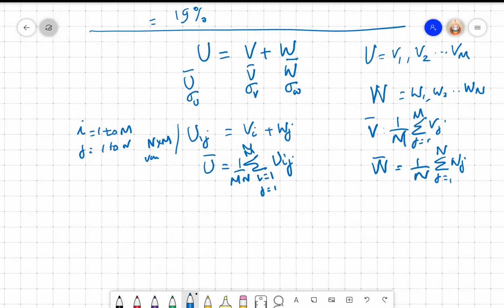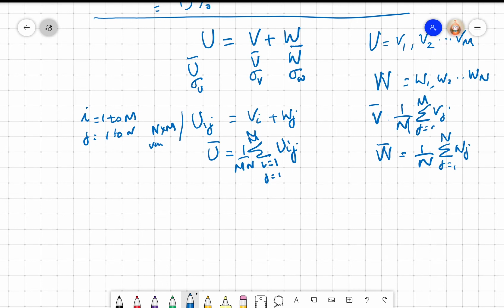So I can now expand this. U bar is 1 by Mn into sigma i equal to 1 to M, j equal to 1 to N, Uij, which is nothing but Vi plus Wj, right?